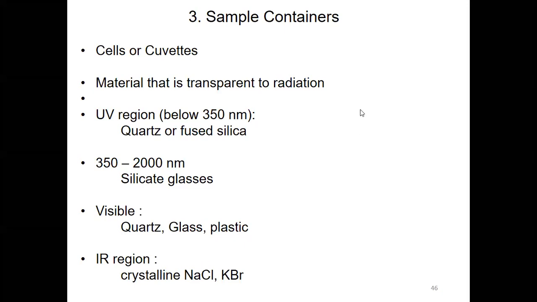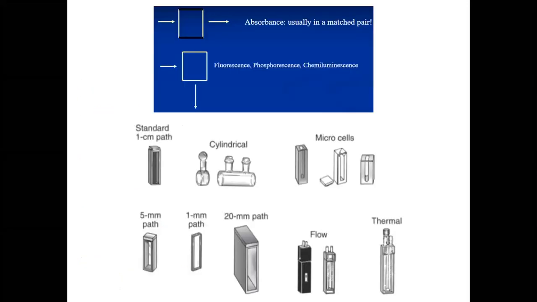If we get one with the wrong material, then we will not get a good signal. Right? Okay. In this slide, I showed you some examples of the sample containers that we can use.